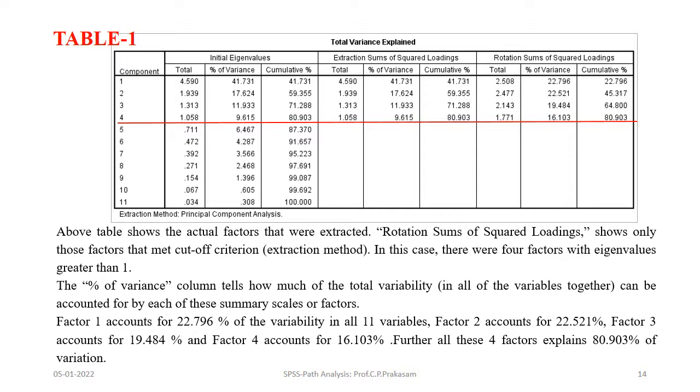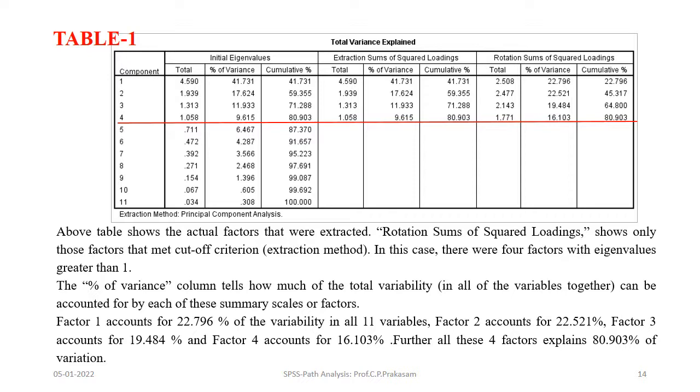Therefore, the percentage of variance column tells how much of the total variability in all these variables together can be accounted for by each of these summary scale factors. Here it shows that 80.903% variation is explained by 4 factors; 11 variables are clubbed into 4 factors that are explaining 80% of the variation.